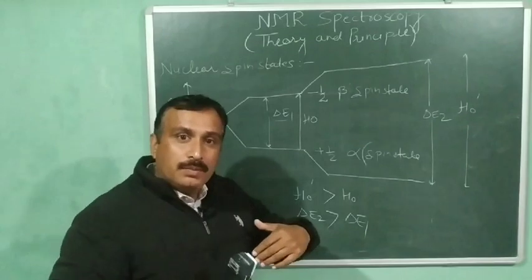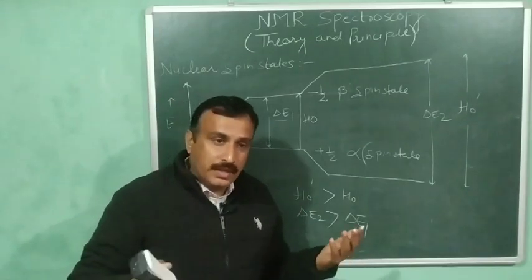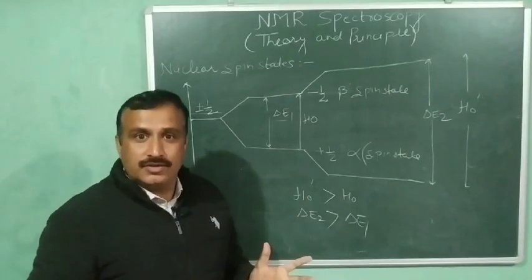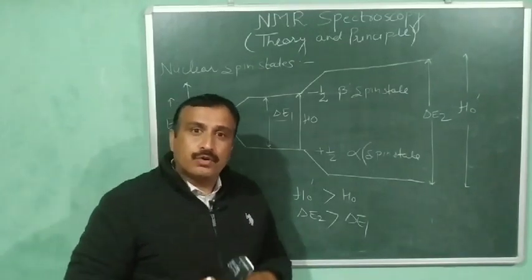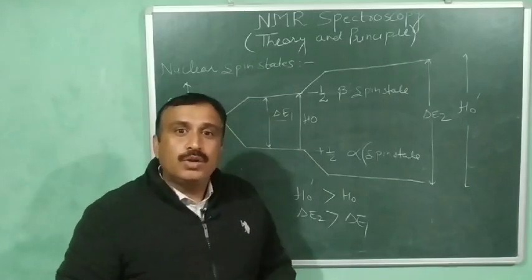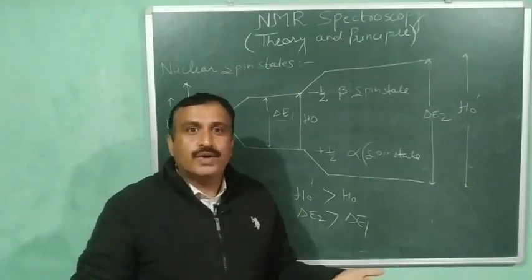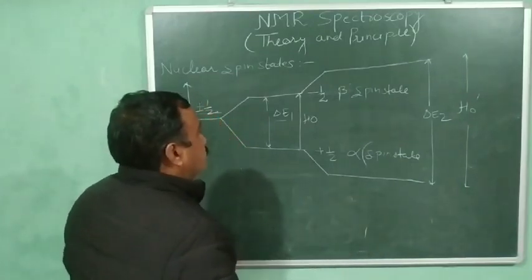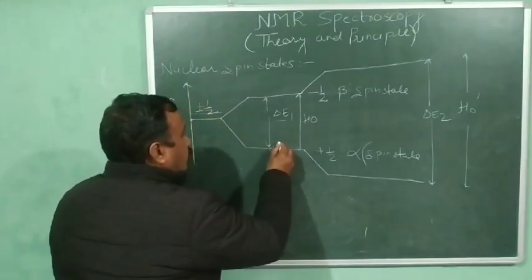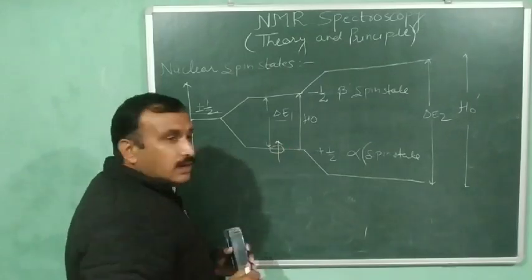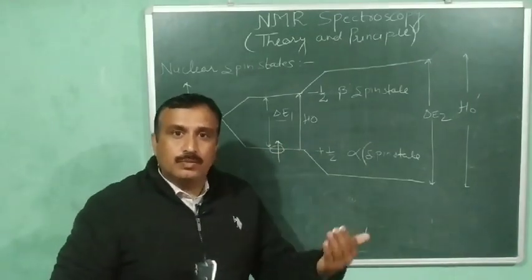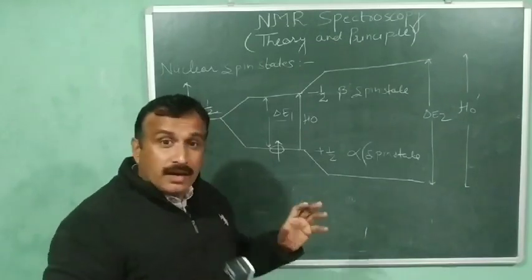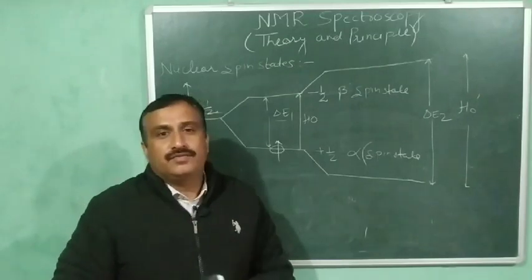Now, when we have applied an external magnetic field, then the nuclear spin states, or nuclear energy levels, are created. And the proton magnet, or the nucleus, will preferably occupy the lowest energy state, where it is aligned with the direction of the magnetic field.